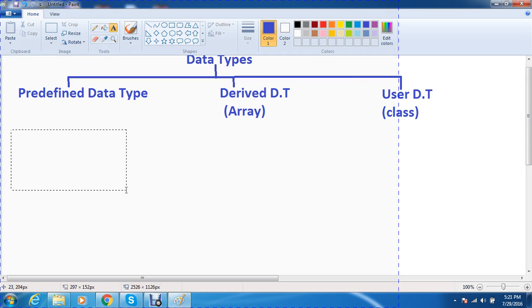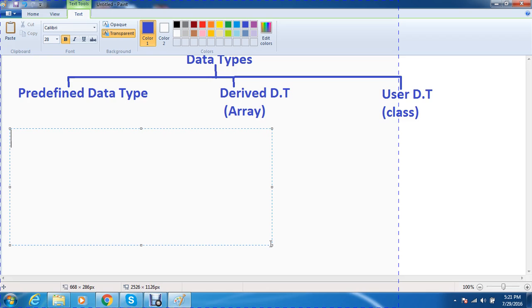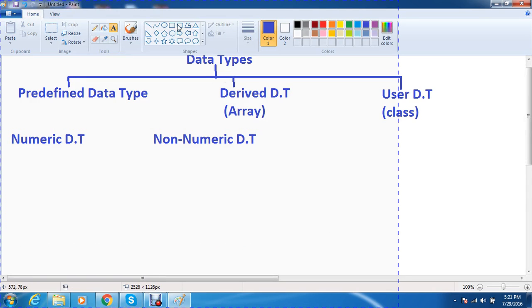Now observe this one. This predefined data type is categorized into two types: numeric data type and non-numeric data type.